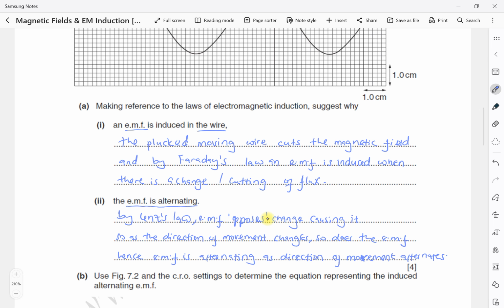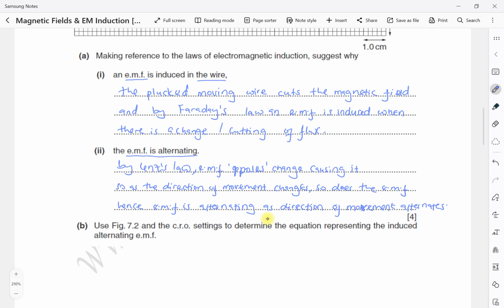So as the direction of movement changes, the e.m.f. also changes direction, therefore it also alternates.